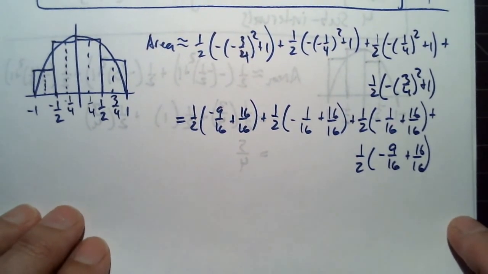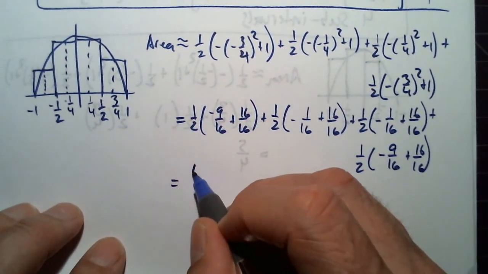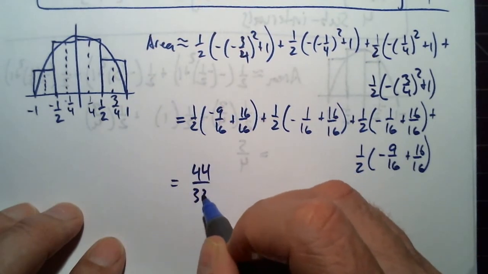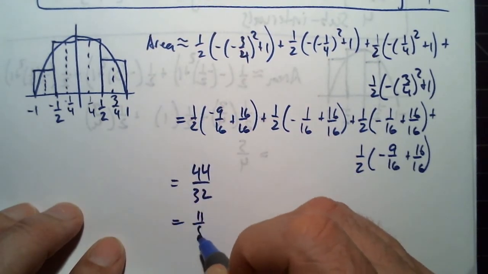So we add all that up, we end up with 44 over 32, 11 over 8.